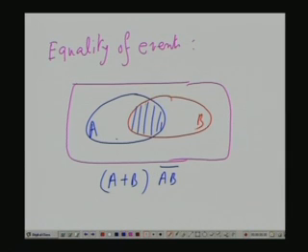AB is this, its complement is the entire area except for this, that when intersects with this A plus B, only this half goes, this portion goes, both this and this remains. Using De Morgan's law and all that, you can even write this as exclusive OR. And they are mutually disjoint.